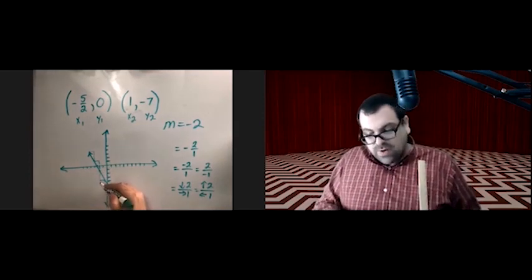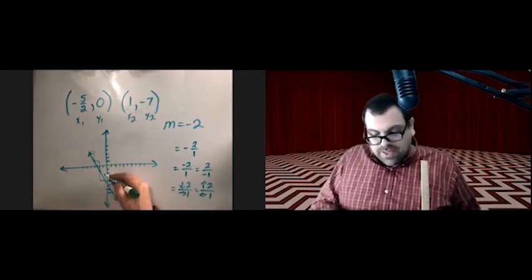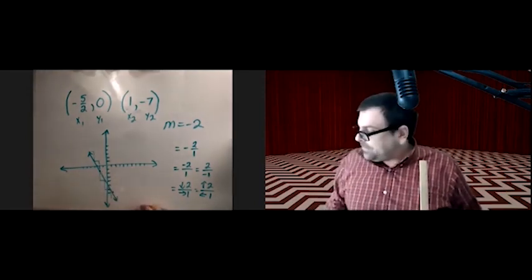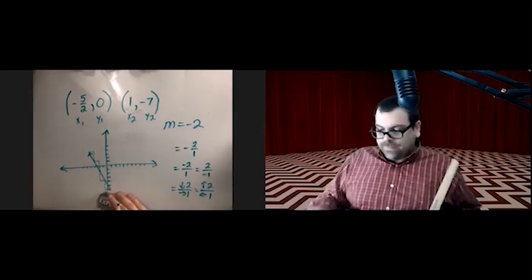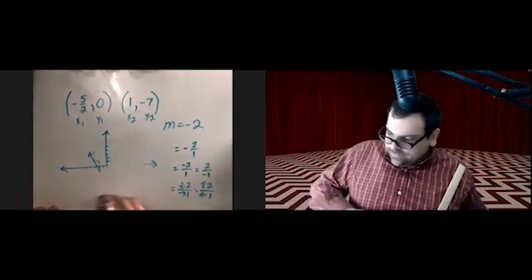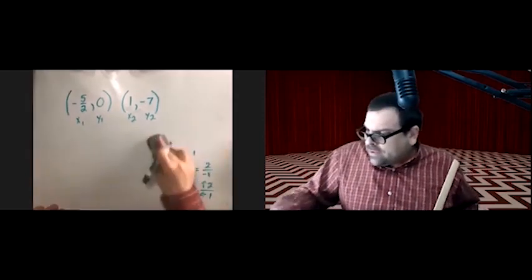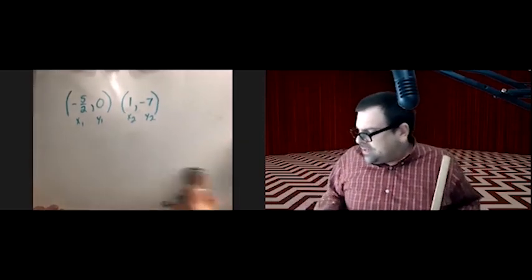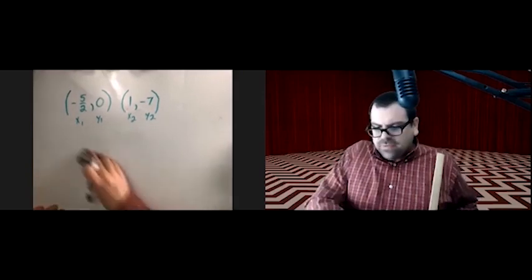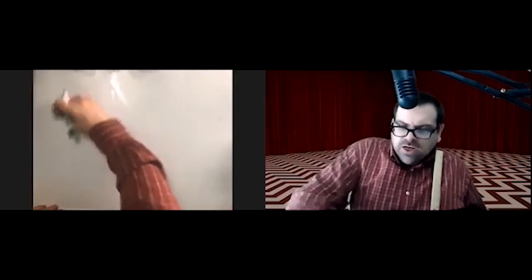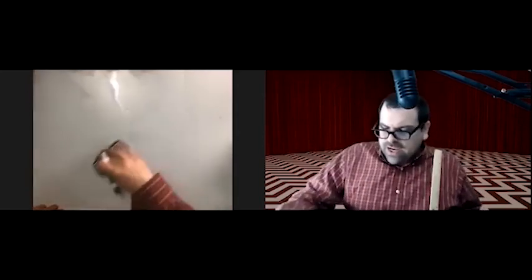Down and right is the same as up and left. So negative numbers, negative slope, those fall from left to right. Positive numbers, positive slopes, those rise from left to right.